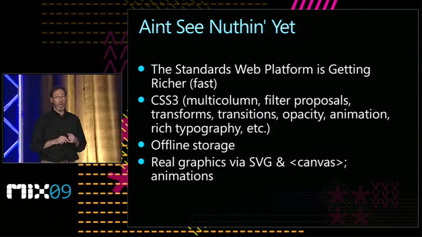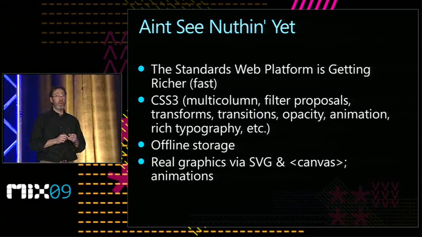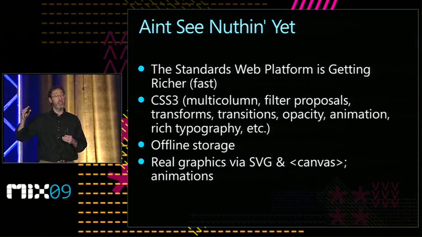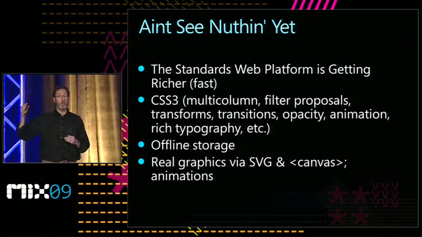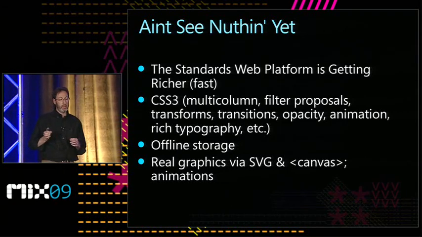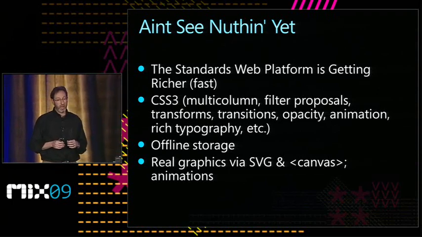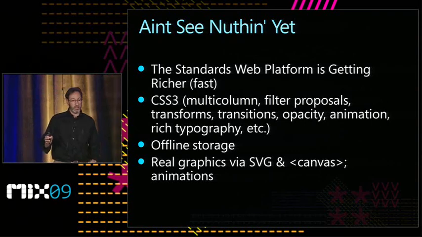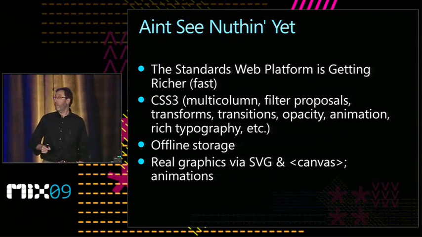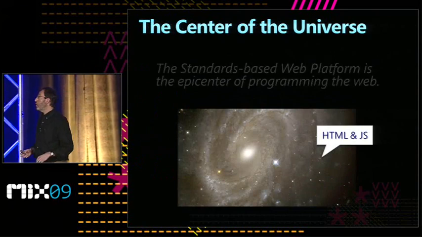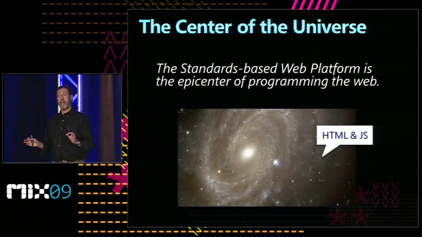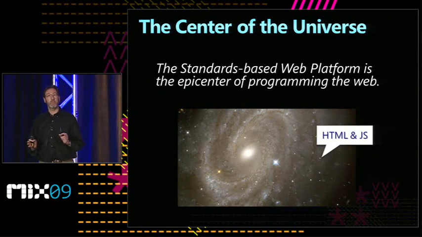CSS3 is going to provide things like multi-column, you'll have drop shadows, you'll be able to do real typography, you'll be able to basically include any font that you want in a web page and have that downloaded dynamically when it needs to be used. HTML5 provides offline storage and a real graphics, well, multiple real graphics APIs via SVG and the canvas tag. So things are interesting now. They're going to get even more exciting.